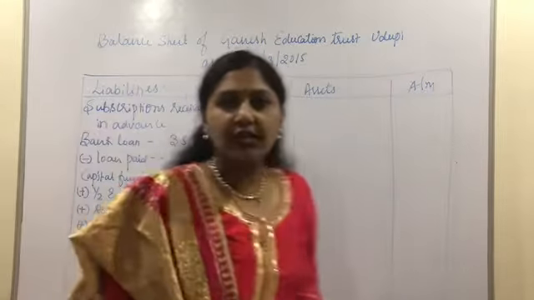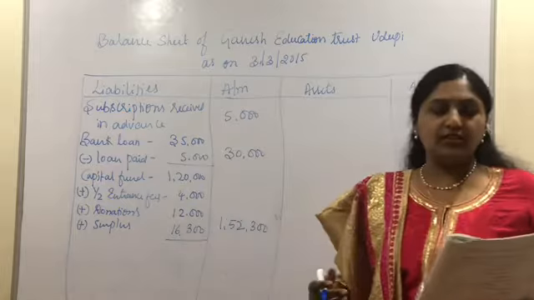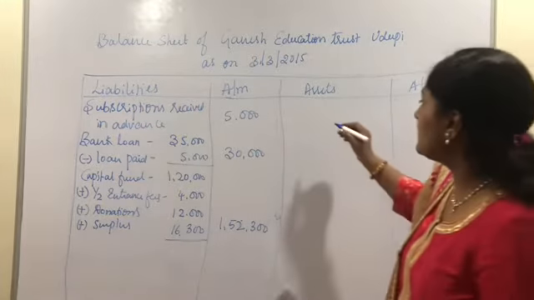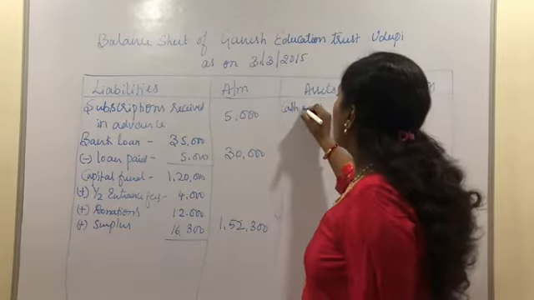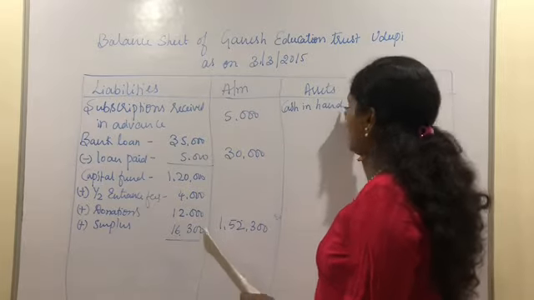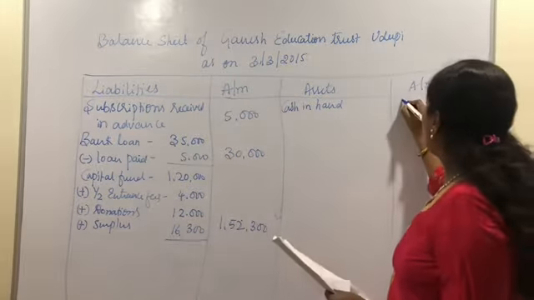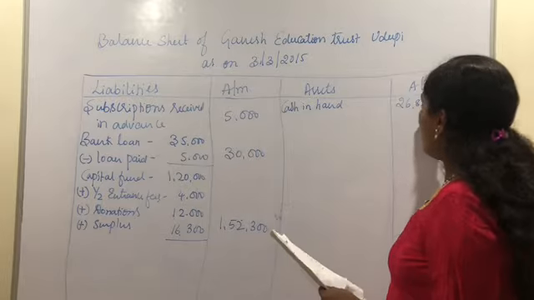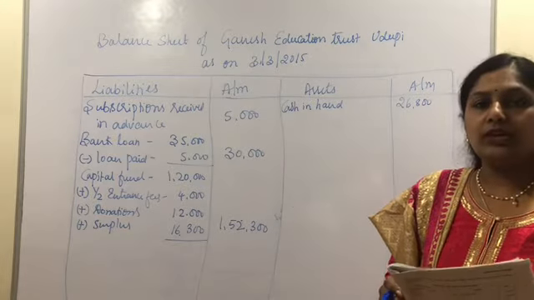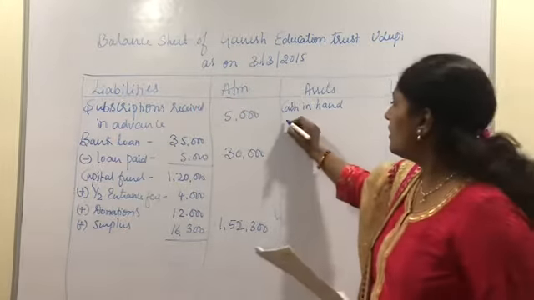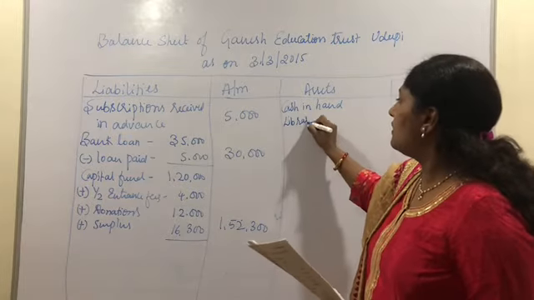Now let us record the assets. So the first asset as usual is the closing balance of cash. What we need to consider here, cash in hand, and according to this problem the cash balance is 26,800. Then we need to consider the library books.